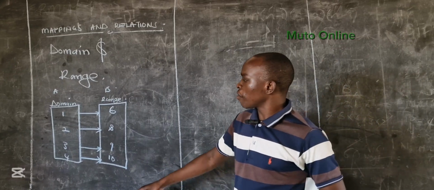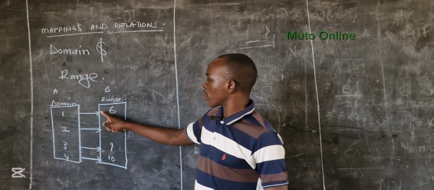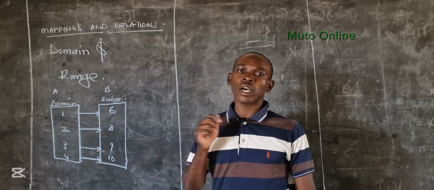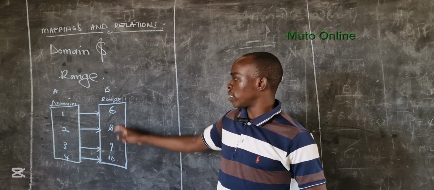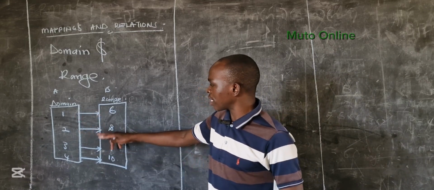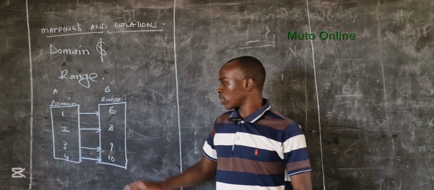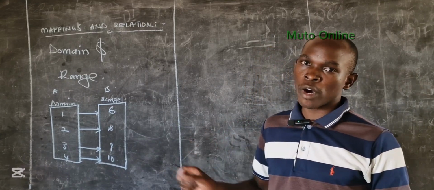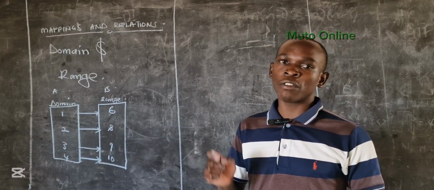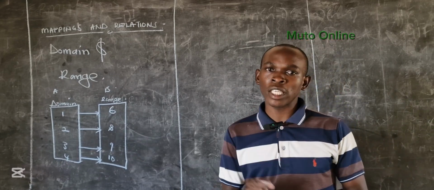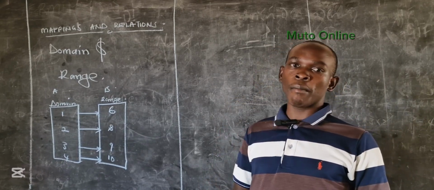If an element in the domain part has only and only one member of the range, then just like you were seeing here, 1 goes with a 6, 2 goes with 8, 3 goes with 9, and 4 goes with 10. That type of mapping is called one-to-one because each member of the domain is connected to only and only one member in the range.